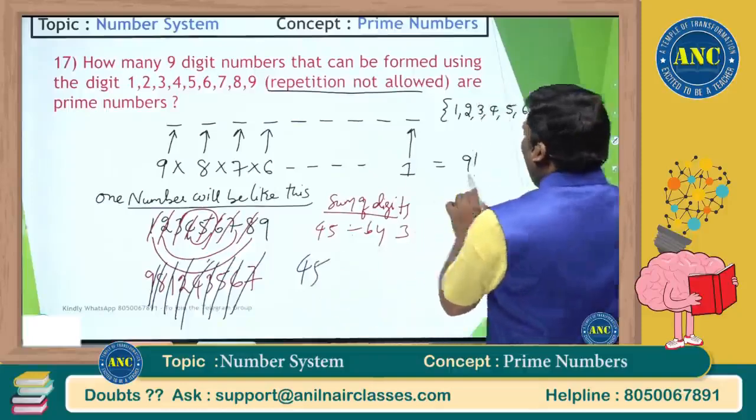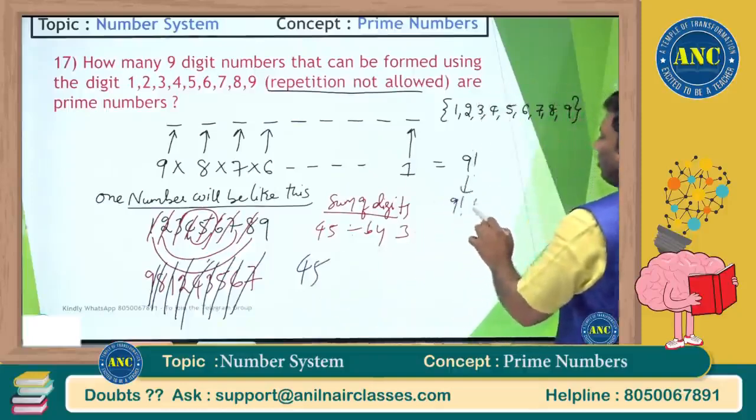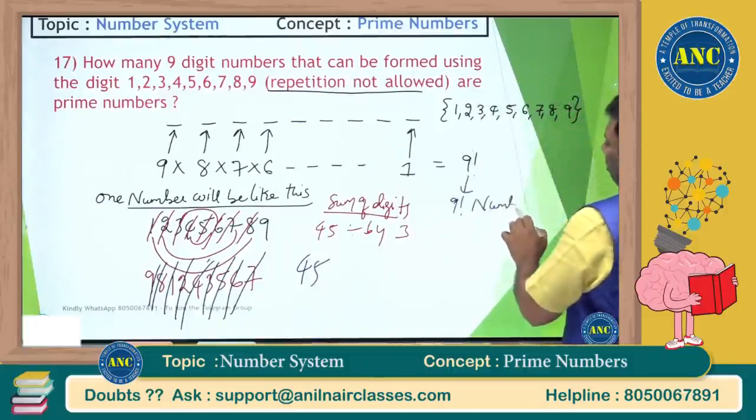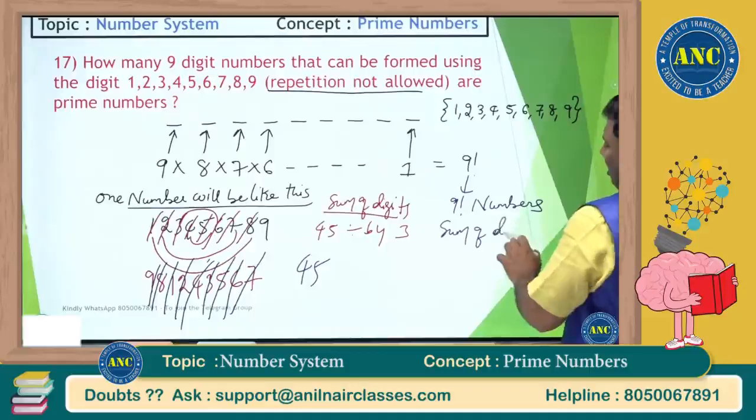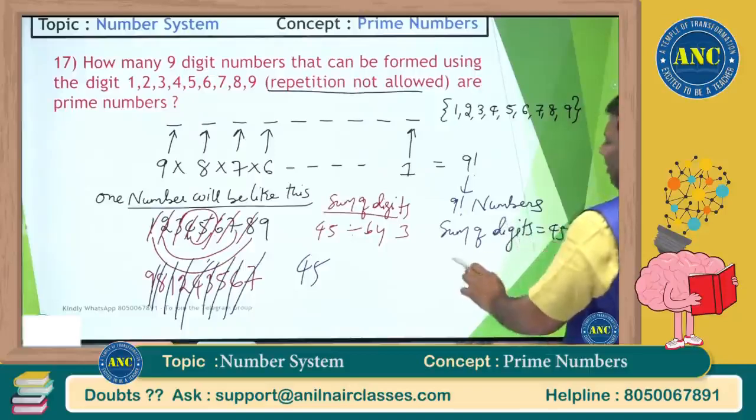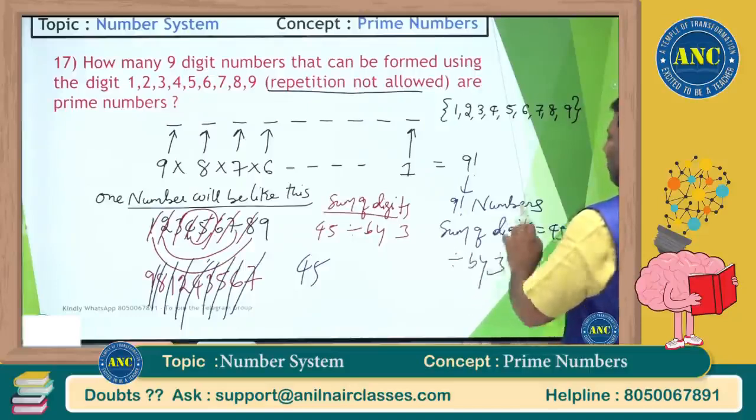That means in all 9 factorial numbers, the sum of the digits is 45. That means all are divisible by 3.